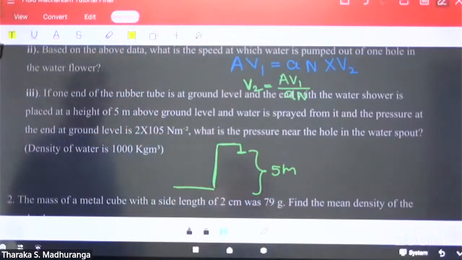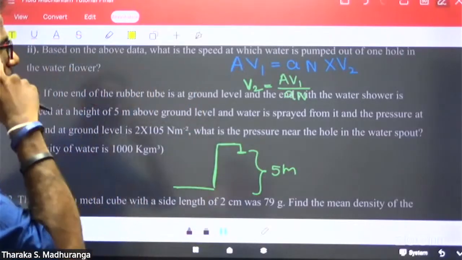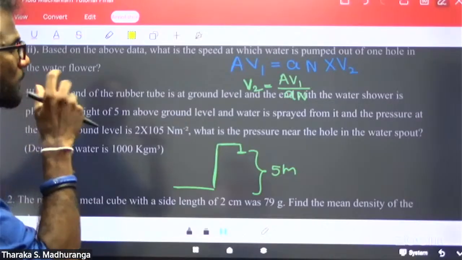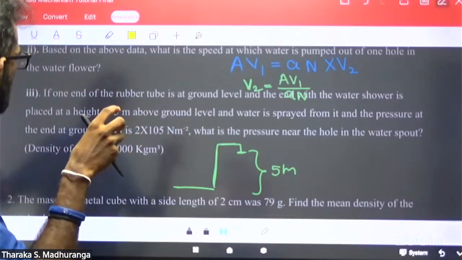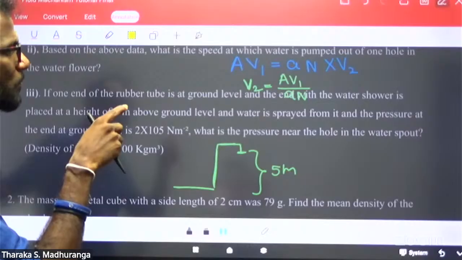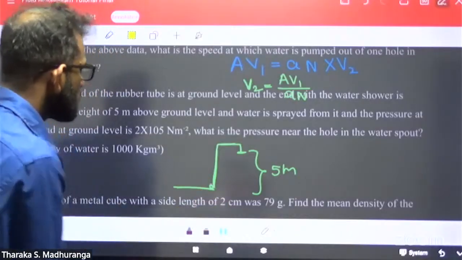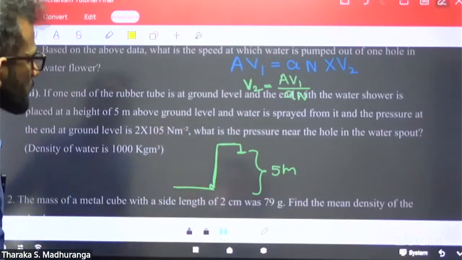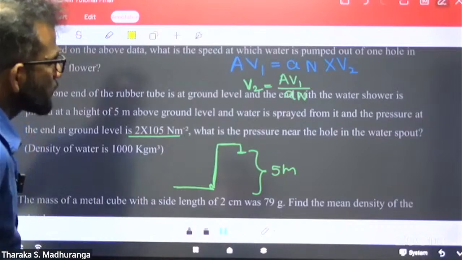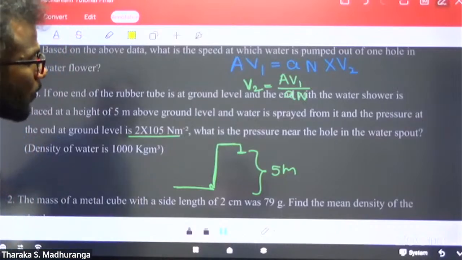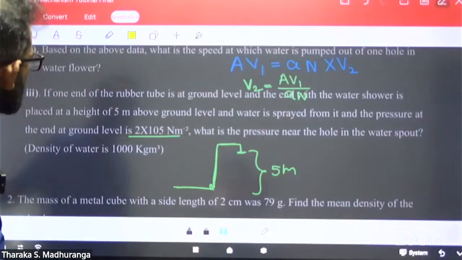The pressure at the ground level end, this point, is given. What is the pressure near the hole in the water spout?